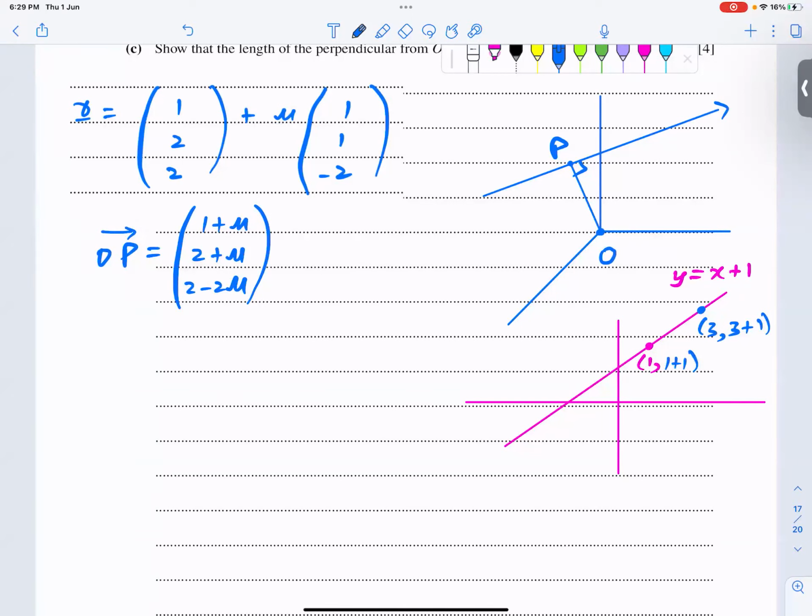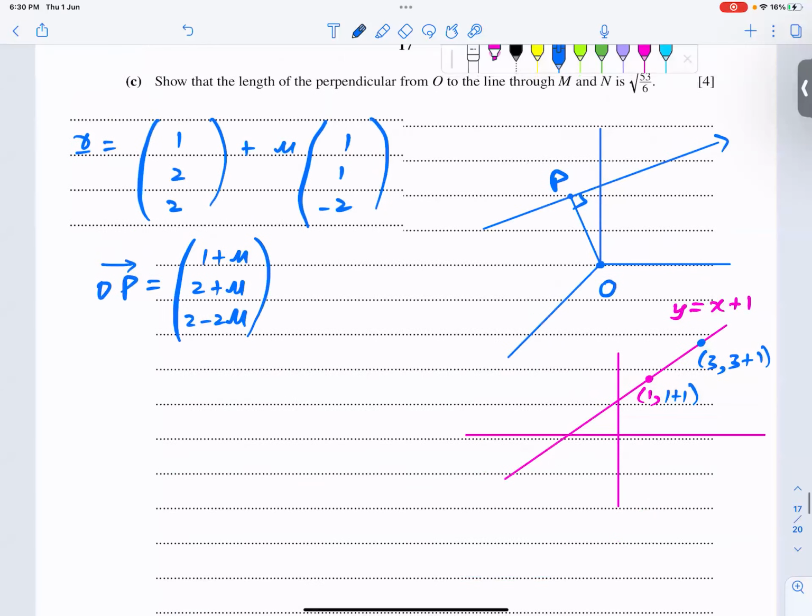If we have any point, we can represent that point with the equation of line, using the concept of this 2D thing. This concept will help you to understand this part. So we have OP equal to this. Now OP is perpendicular to the line, but we have nothing to do with the line.